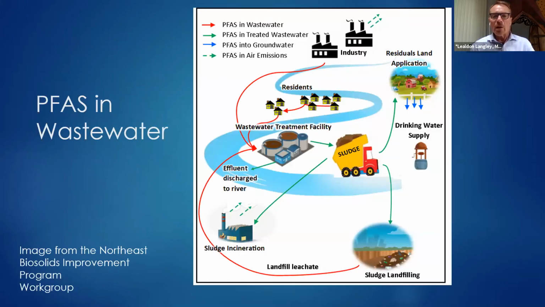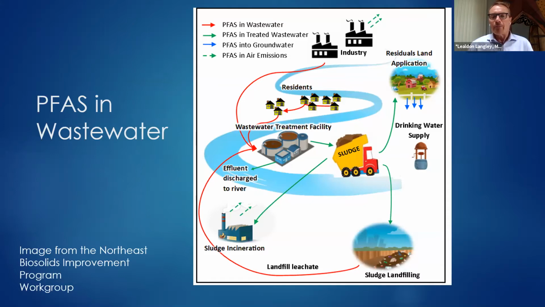I wanted to give you a brief overview in this diagram of the pathways by which PFAS enters various media. In the upper right-hand middle of the diagram, you see industry and also commercial enterprises that use PFAS compounds.